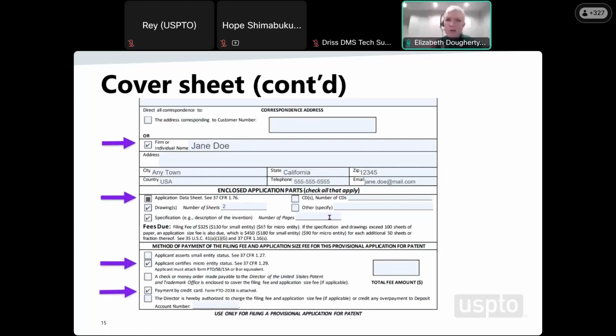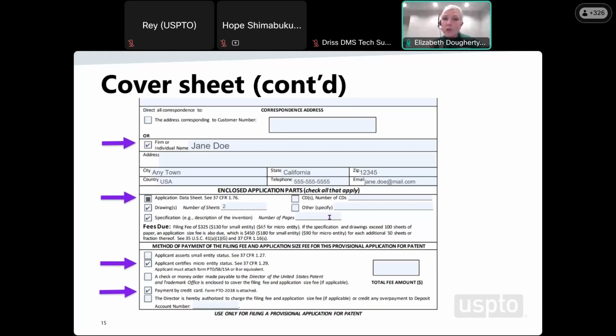Again, doing a closer analysis of the cover sheet and all of the information that's required there. Correspondence address, the firm name or individual if you have an attorney or patent agent helping to represent you, and then identifying for us all of the parts of your application that you are supplying. And this is where we will help do a check when those documents are all received to ensure that you have uploaded them properly.